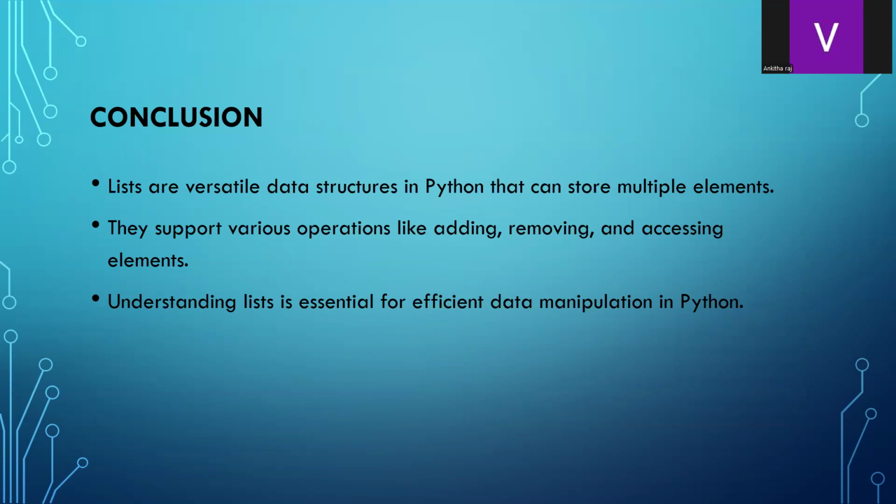Python's built-in length function returns the total number of items in a sequence. Lists support various operations like adding, removing, and accessing elements. Understanding lists is essential for efficient data manipulation in Python.